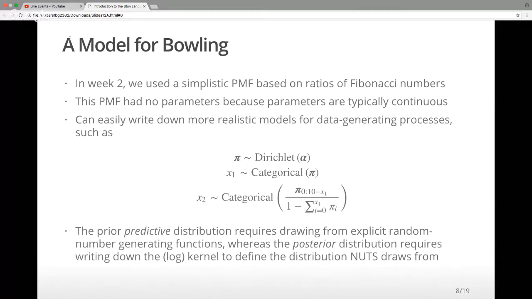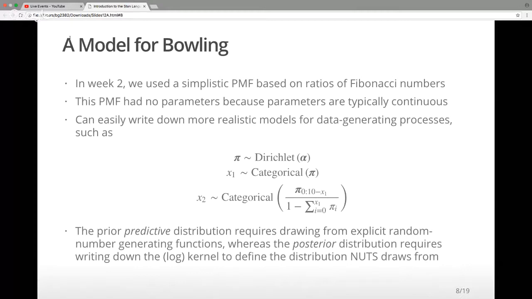So the elements of pi are not only non-negative, but they have to sum to 1. Again, remember, Stan, like R, starts numbering at 1. This is unlike the underlying C++ and Python and some other languages that start numbering at 0. So the first element of pi corresponds to the probability of knocking down 0 pins on the first roll of a frame of bowling, or rolling a gutter ball.